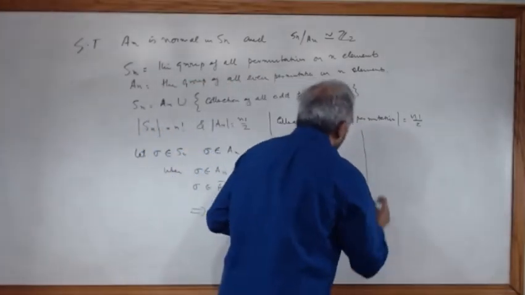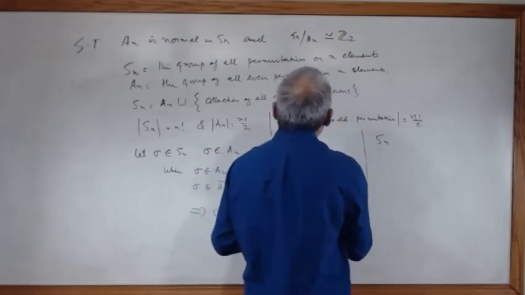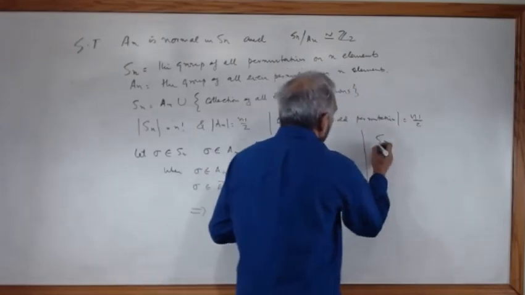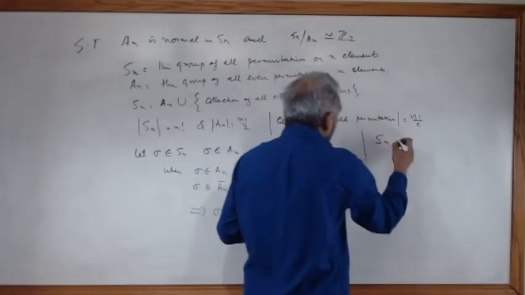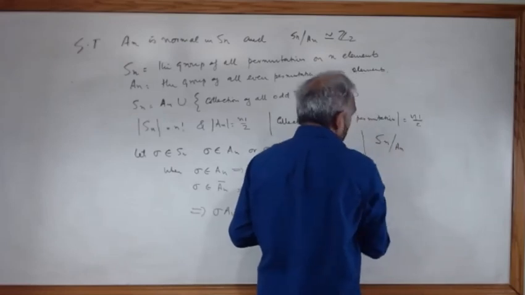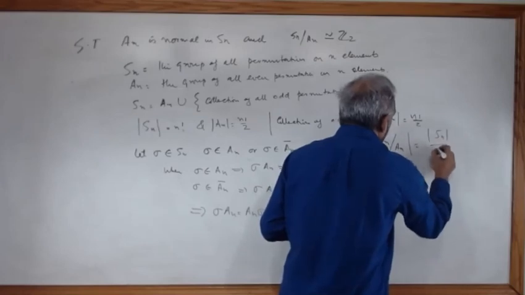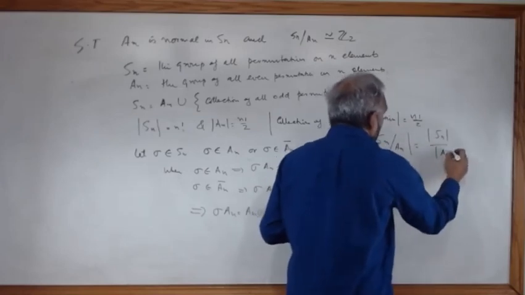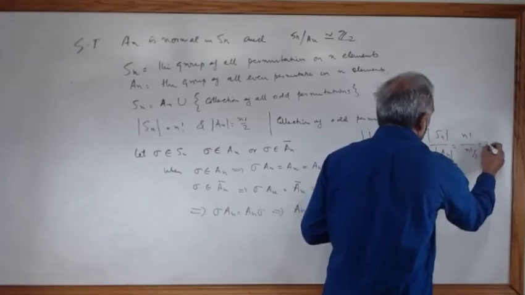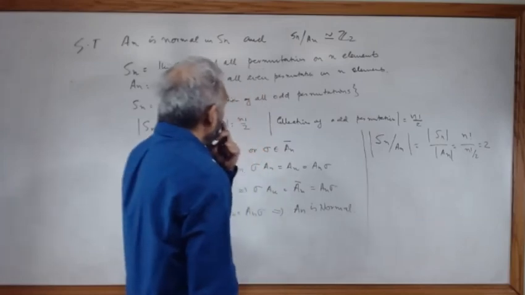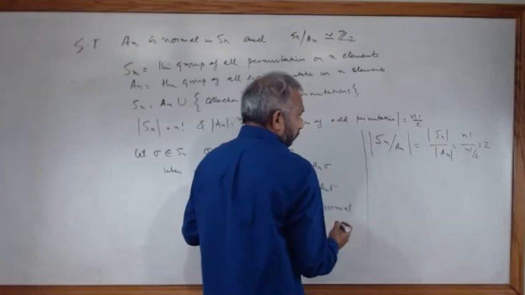And because An is normal, we can define the factor group of Sn over An. And the order of this one is going to be Sn by An, and that is equal to n factorial by n factorial by 2, and that is equal to 2.